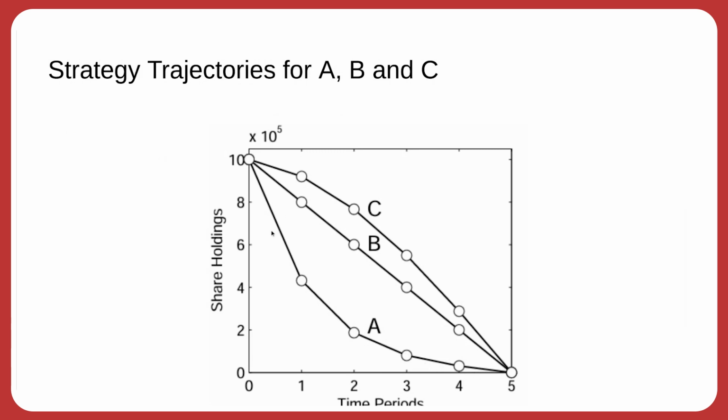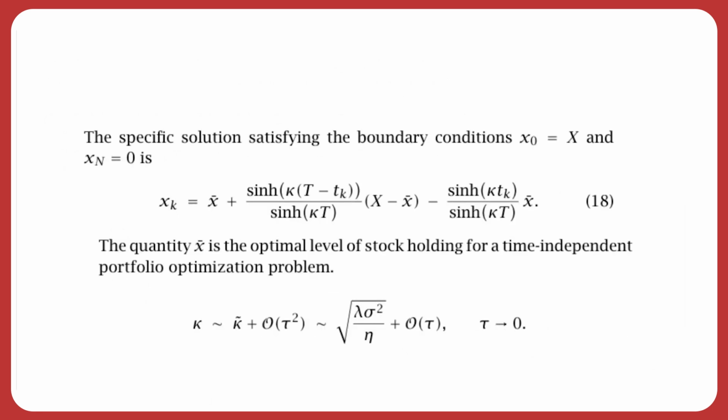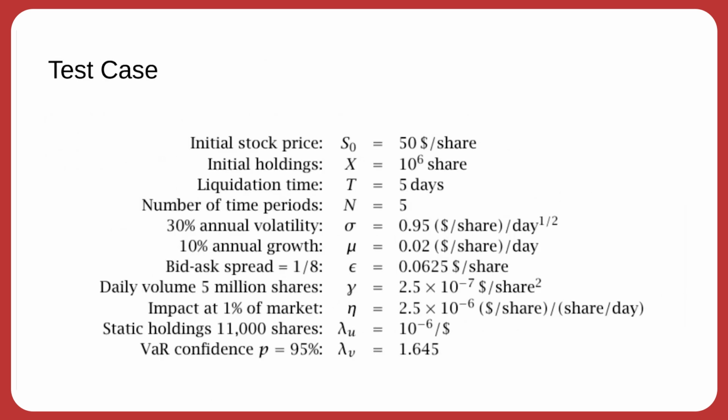And I will show you some real life examples in a little bit. So this is what this looks like, basically that equation, that profile that we've just seen. In the paper, they have a test case. And I think what's important about this is not so much the fact that this is a test case, but rather that it really explains all the different variables.